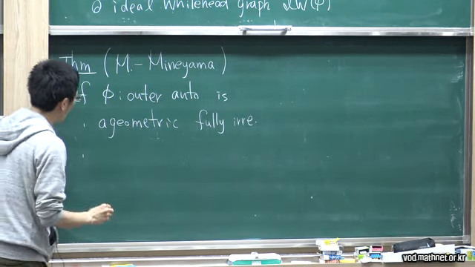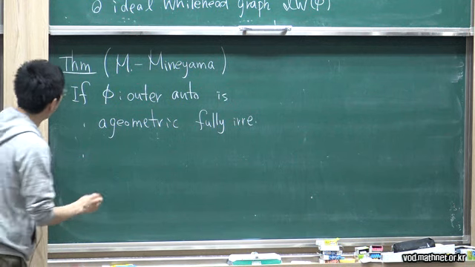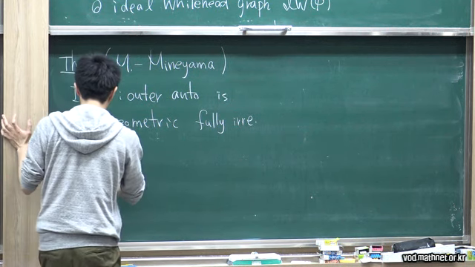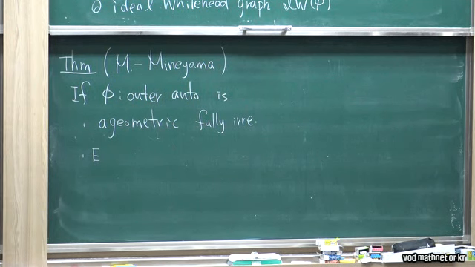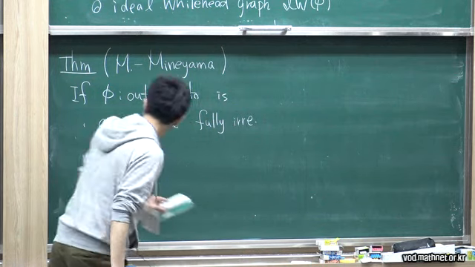Also, I have to assume the following thing about the ideal Whitehead graph. This is in order to avoid the case of orbifolds, and I will explain it later.